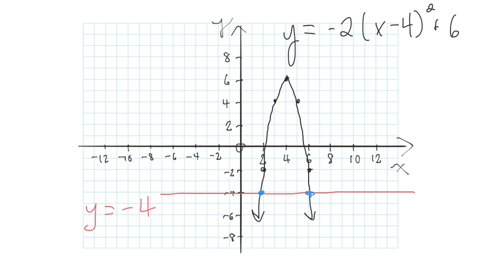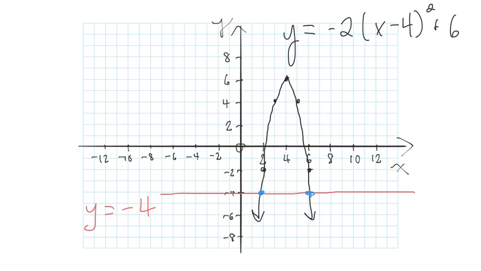What I've done here, folks, is set up a system where I have a quadratic given by this equation with four different transformations. I have a reflection, a vertical scaling, and two translations, which altogether gives us this shape here. Then I have my horizontal line, y equals -4. Here it is.